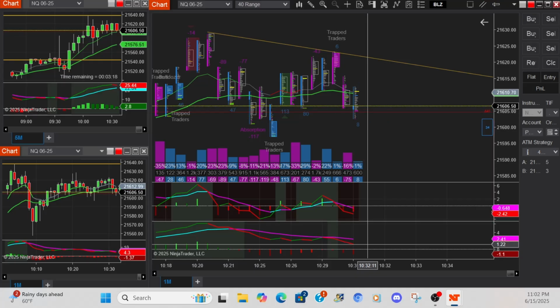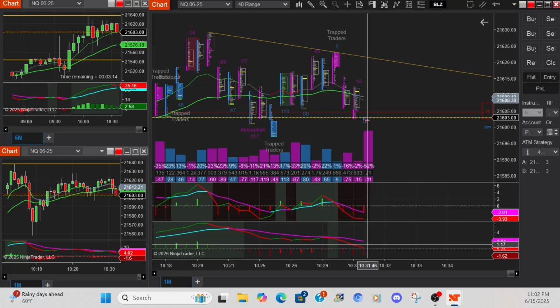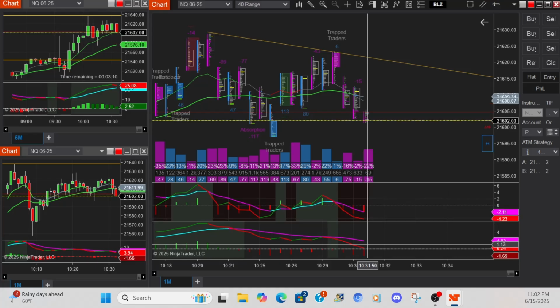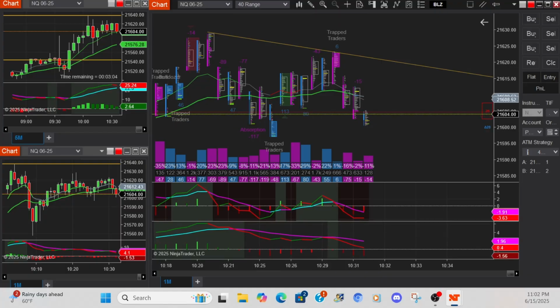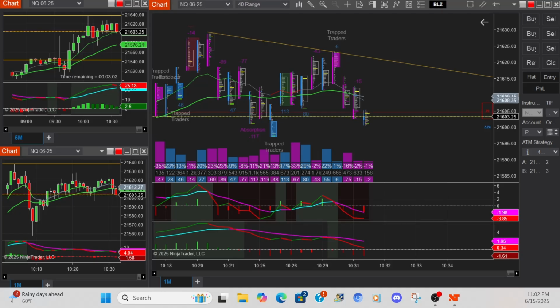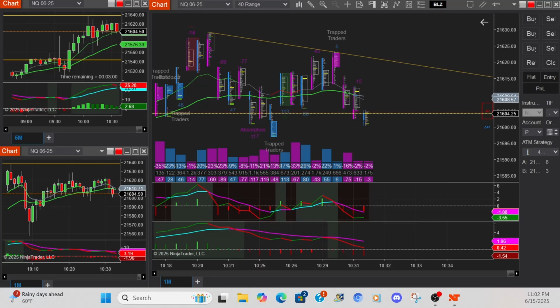The 8 EMA is way above the 21. So we wait. We'll speed this up a little bit so I'm not just sitting here watching nothing happening.